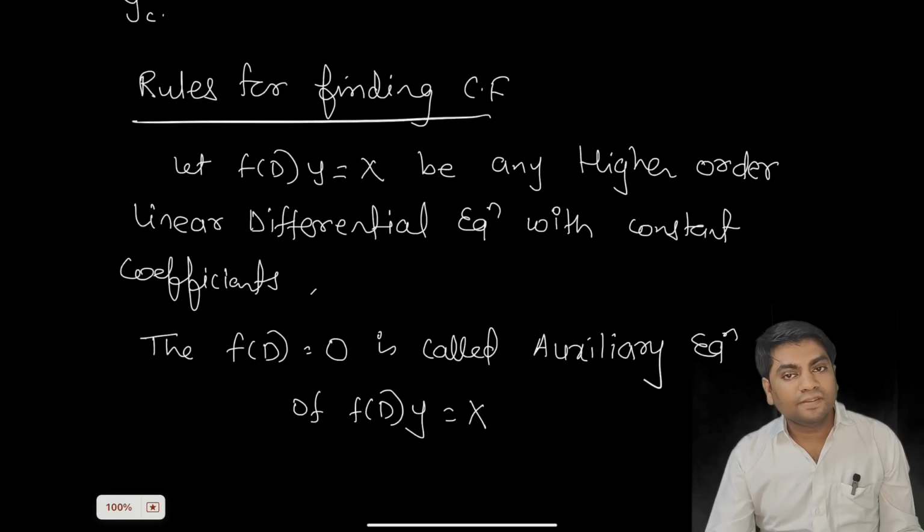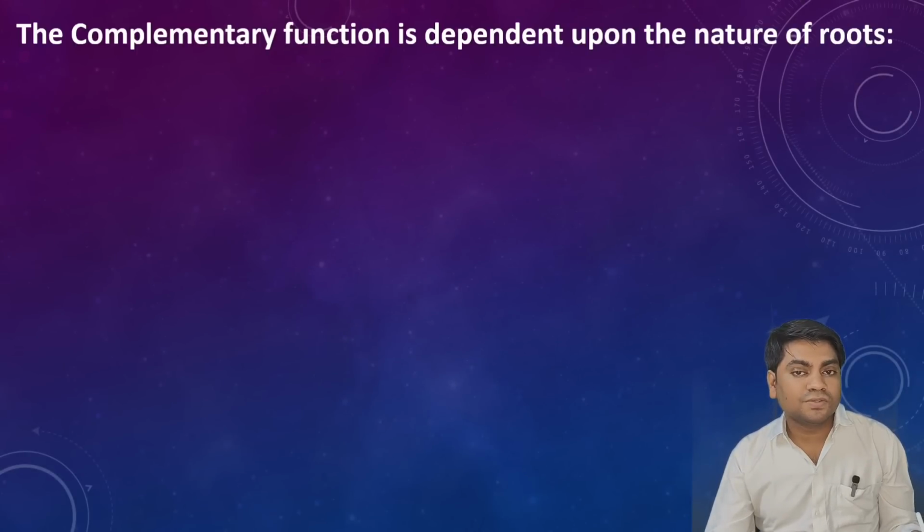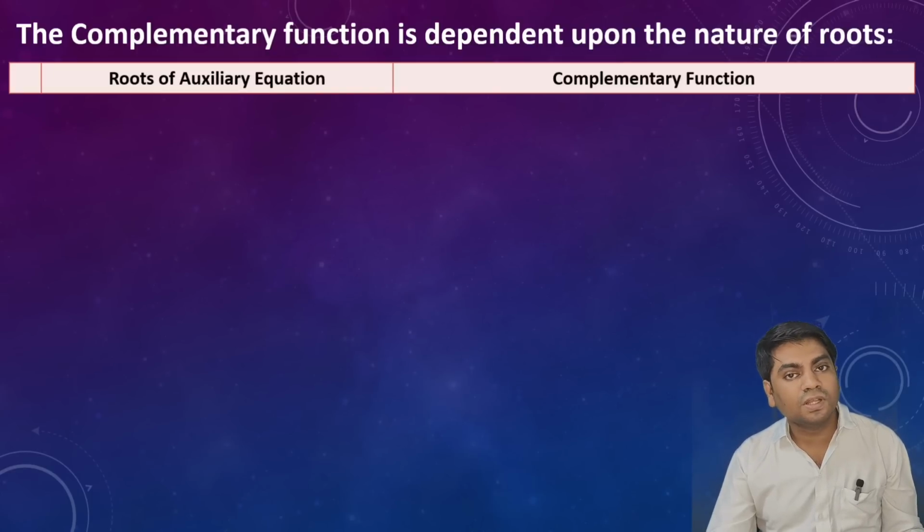So the complementary function is dependent upon the nature of roots. So I have written the rules to find the complementary function: first the auxiliary equation roots on the left hand side and the complementary function on the right hand side.